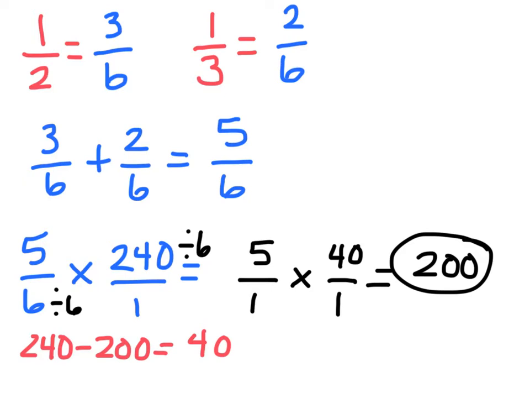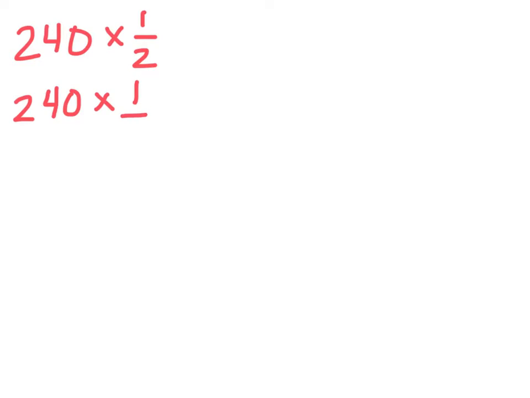There's one last method that you can use as well. Let me show you that now. In method 3, we'll begin with the whole number, 240, and we'll individually find 1/2 and 1/3 of that number. So 1/2 of 240 would equal 120. 1/3 of 240 would equal 80.